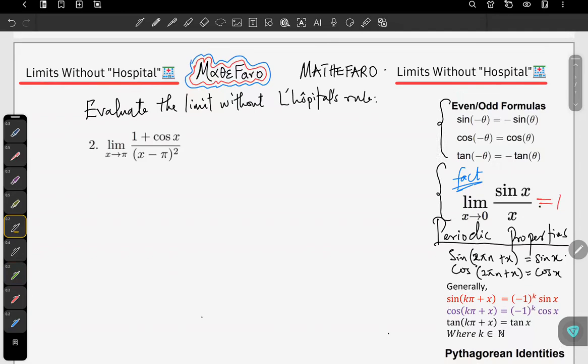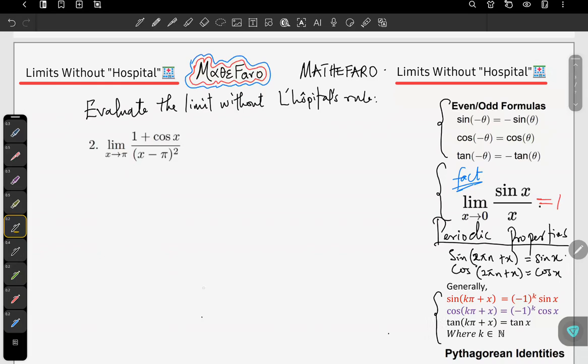Then we have the periodic properties of the sine and the cosine function, that sine of x plus any multiple of 2 pi is the same thing as sine x. Similarly, cosine of x plus any multiple of 2 pi is the same thing as cos x. If we put that together with the other property that we have here, we can come up with one important identity that we need in this question.